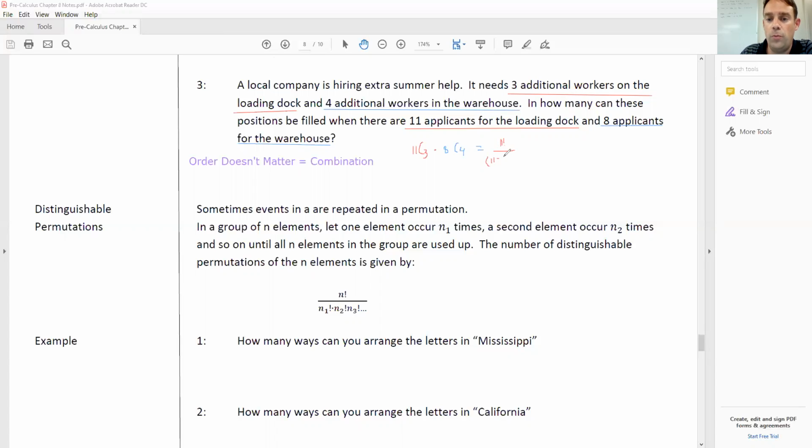So 11 minus 3, times 8C4. And that ends up being 11 factorial over 8 factorial, 3 factorial, and 8 factorial over 5 factorial, 4 factorial.